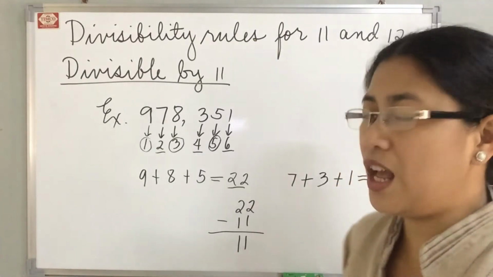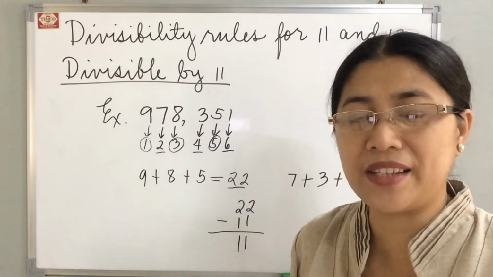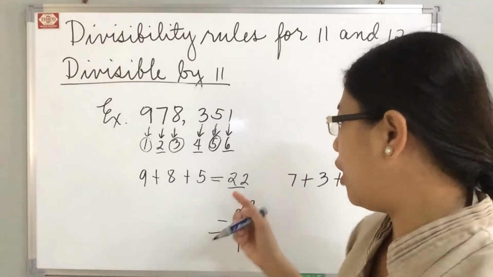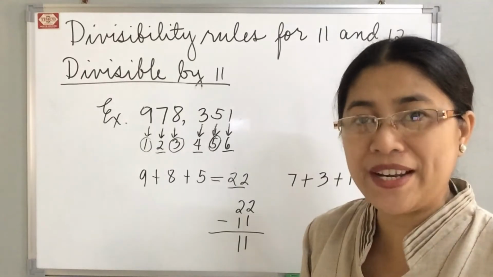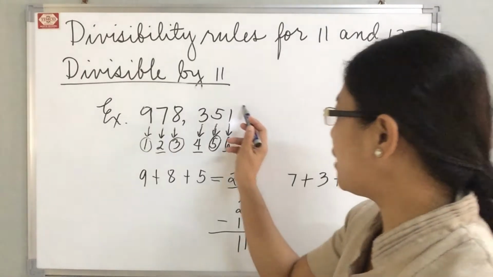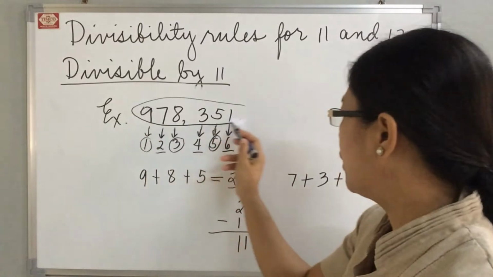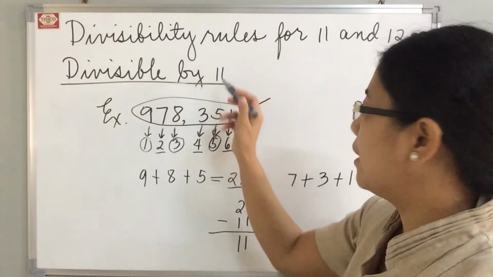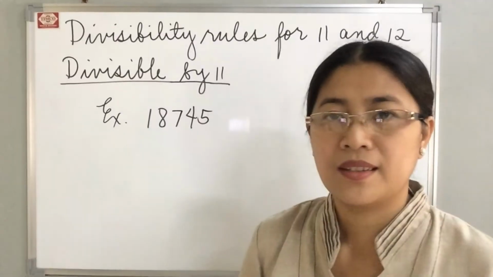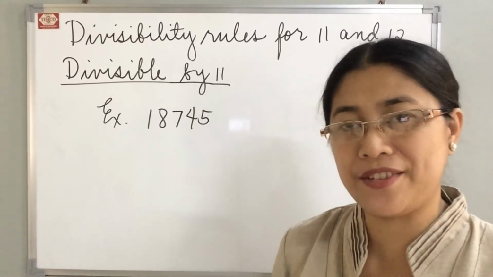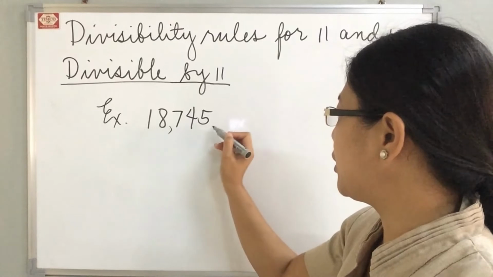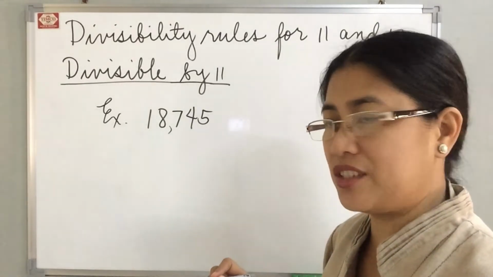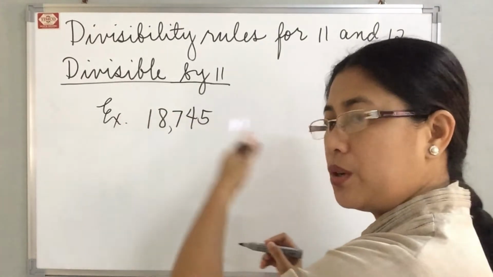Correct. Now, our rule says that if the difference of the two sums is 0 or 11, then that number is divisible by 11. Last example for number 11. We have 18,745. So let's count the digits from left to right.